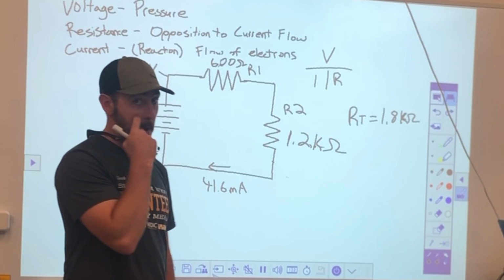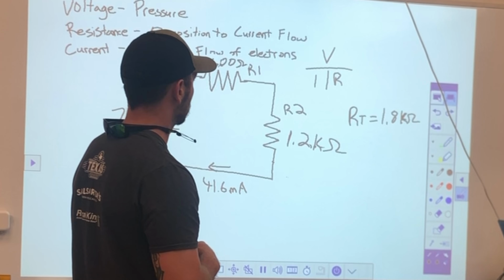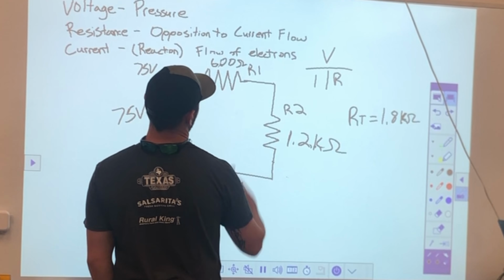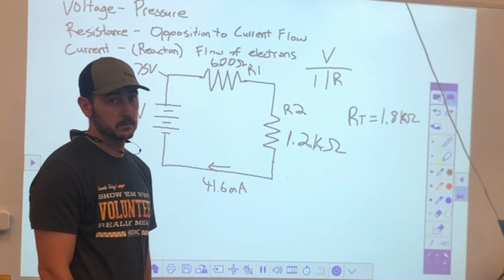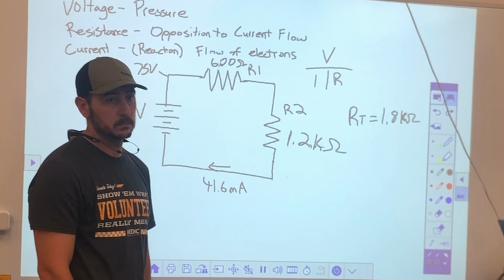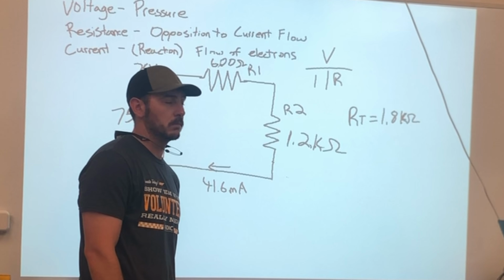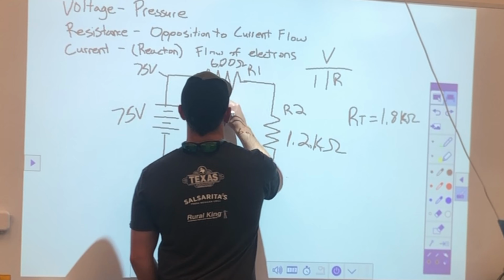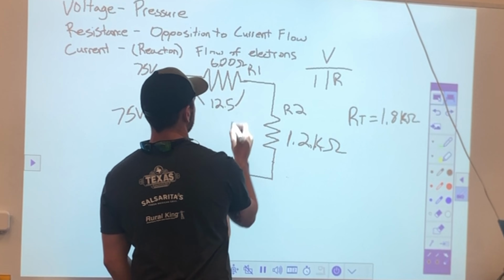All right. What is my voltage drop of resistor 1? 12.48. Okay. I'm just going to say 12.5 voltage drop. You see that?